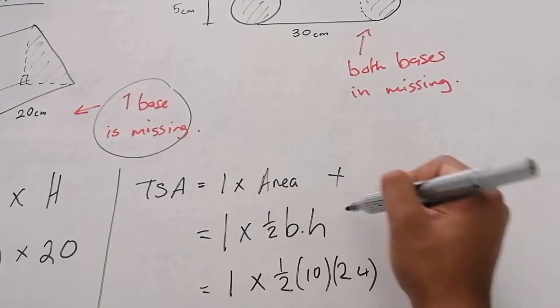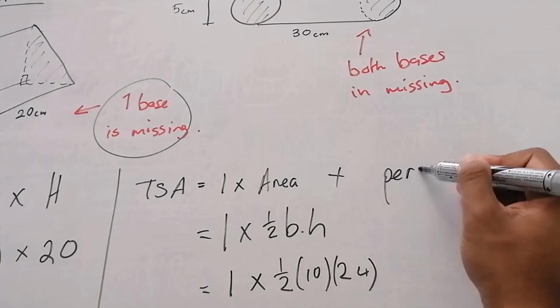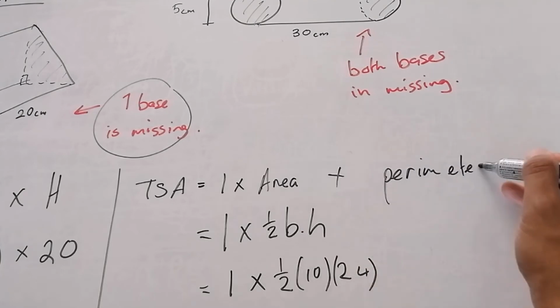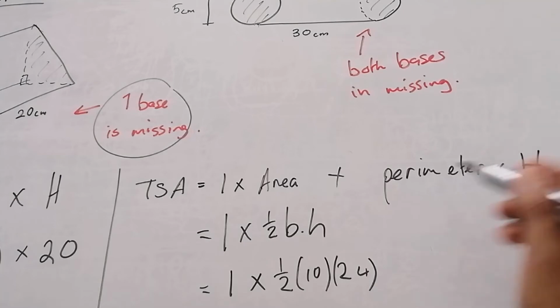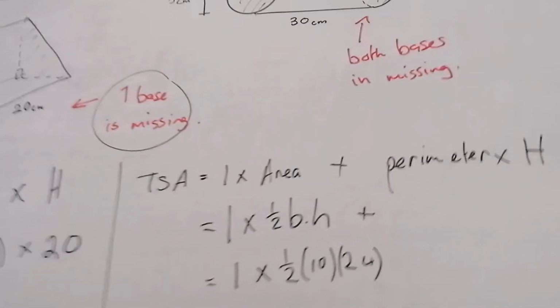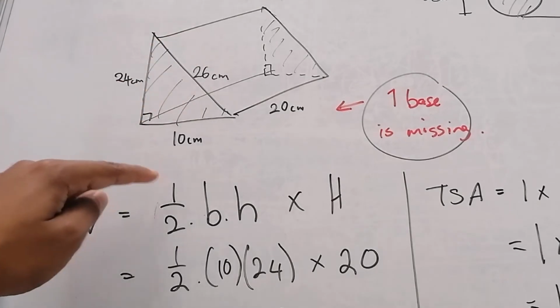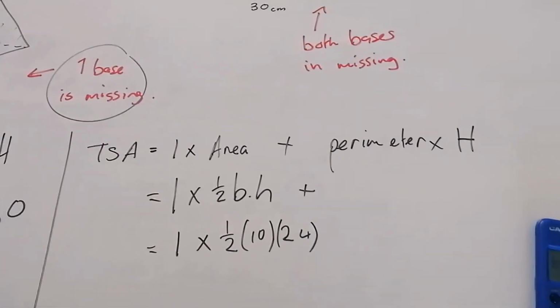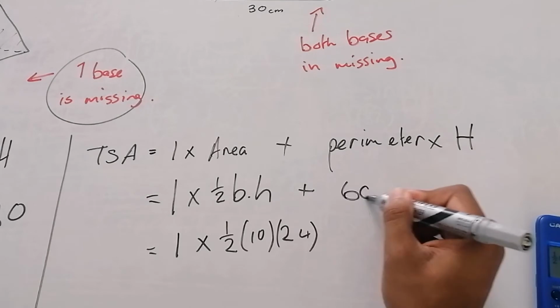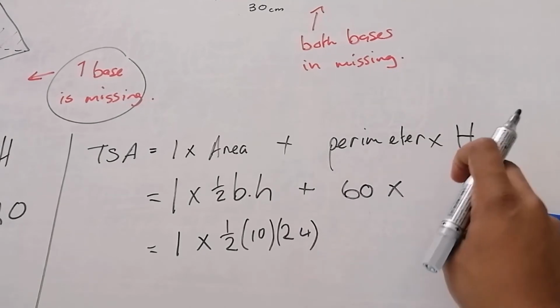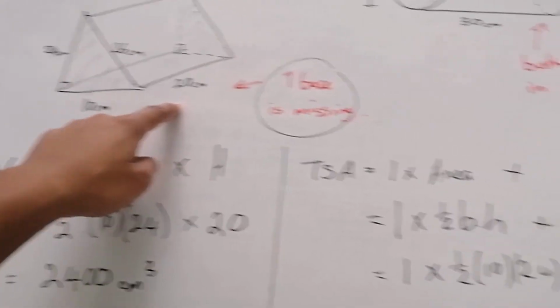Okay, and this needs to be added with the perimeter of the base multiplied by the height. So the perimeter of the base would be the 24 plus the 26 plus the 10. That gives us 60. Okay, so that's 60 multiplied by the height. It's this height over here, the 20.